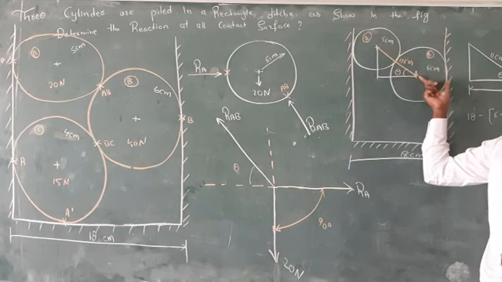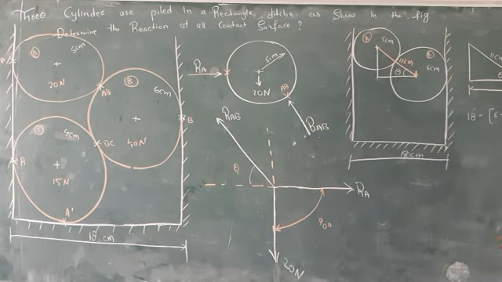This side is 5, this side is 6. 6 plus 5 is 11. So 18 minus 11 will be 7. So this side, you know very well, is 7 centimeter. This side is equal to 11 centimeter, and this side is equal to 7 centimeter.